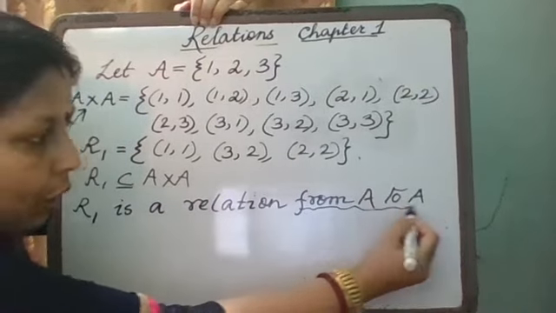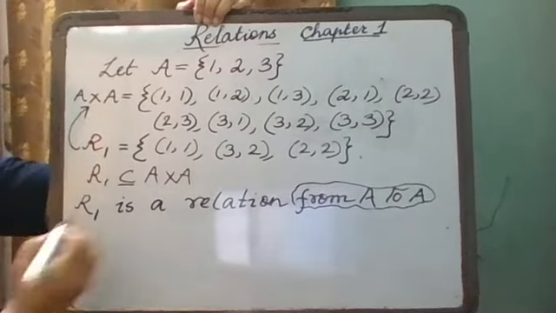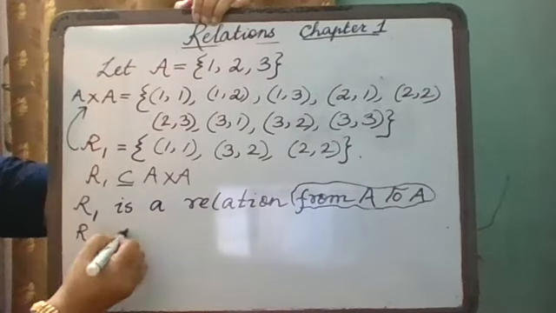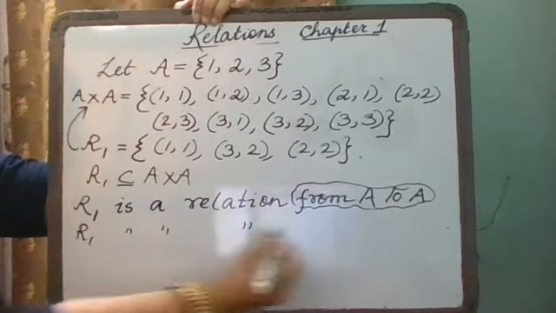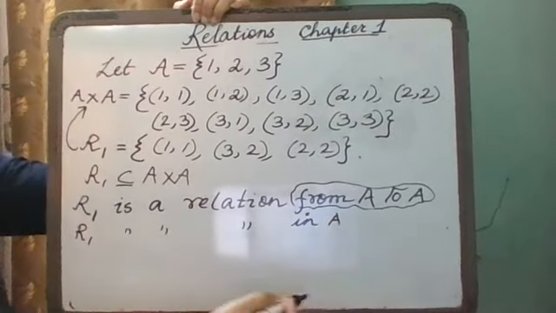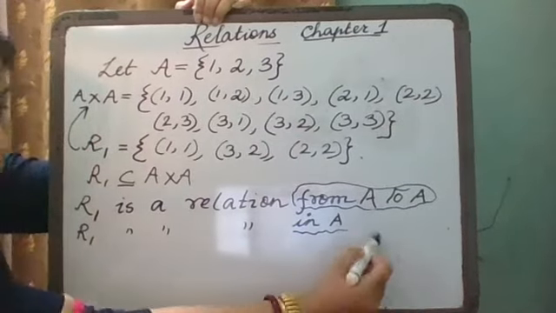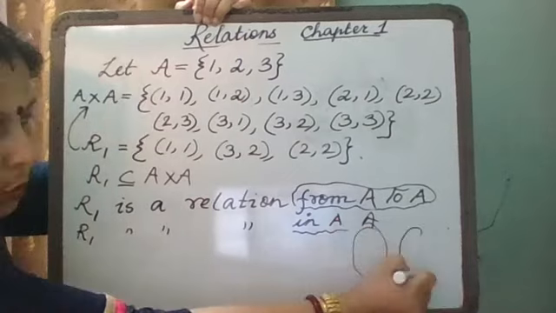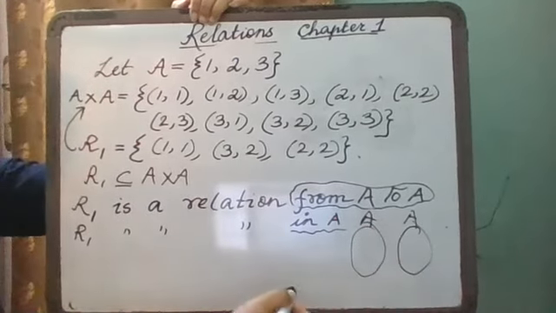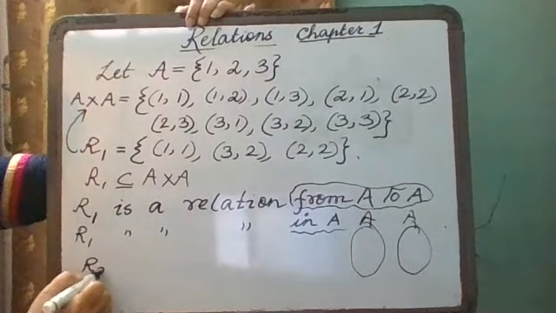Instead of saying from A to A, I can make it shorter. I can say R1 is a relation in A. When I say in A, it means from set A to set A. It's a relation.